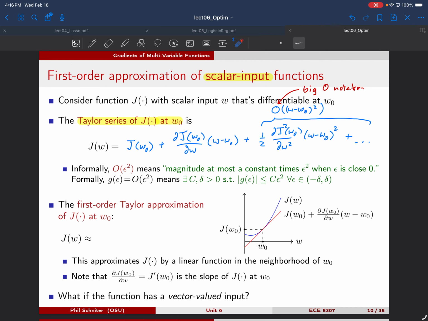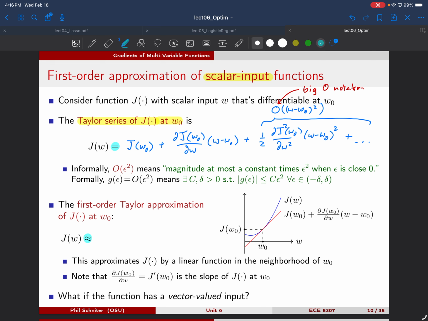The other thing I want to emphasize is that this equation is an exact equality. So this function J(W) is exactly this big complicated thing. But because of the complexity of all these higher order terms, we are often going to approximate the function by the Taylor series approximation.